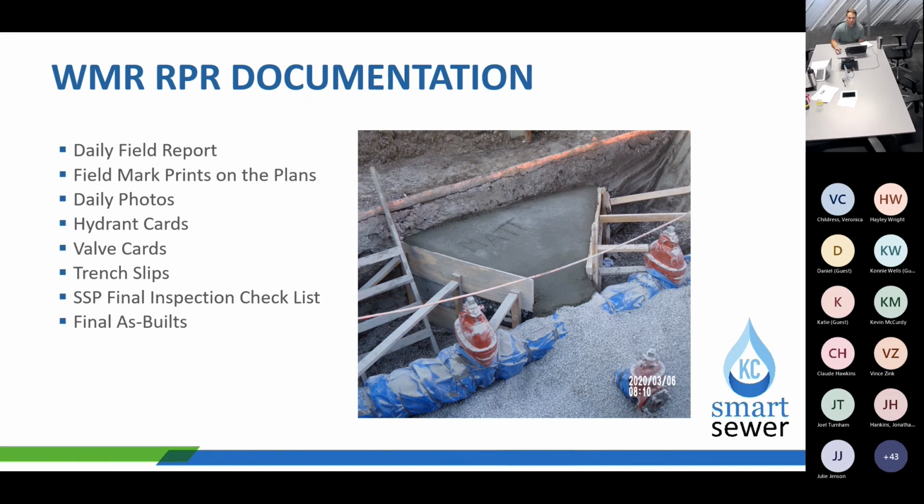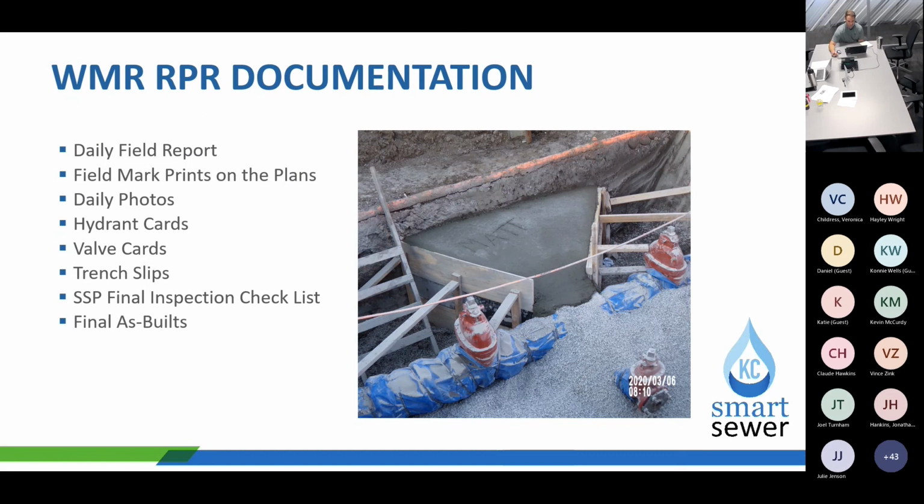For hydrant cards and valve cards and trench slips, there will be a final checklist inspection done with the Smart Sewer project. Now, if for any odd reason that there is, the as-builts will go in with the SSP drawings.